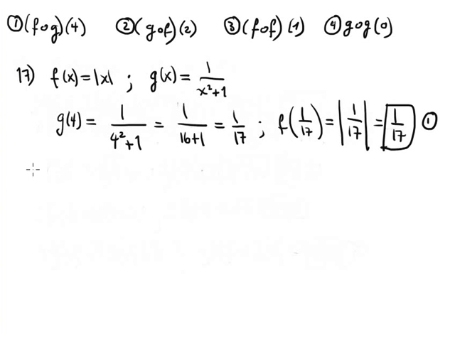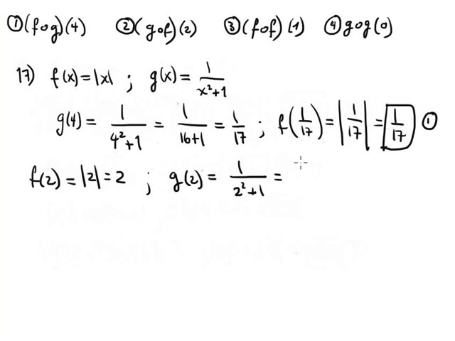Number 2 is f evaluated at 2. The absolute value of 2 is equal to 2, and then g second. G evaluated at 2 is 1 over 2 to the second power plus 1. 2 to the second power is 4 plus 1 is 5, so 1 over 5.